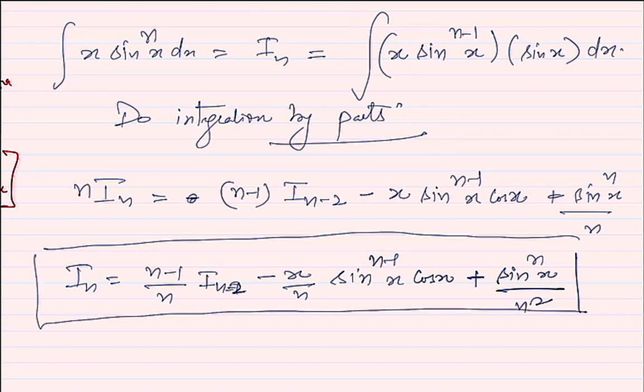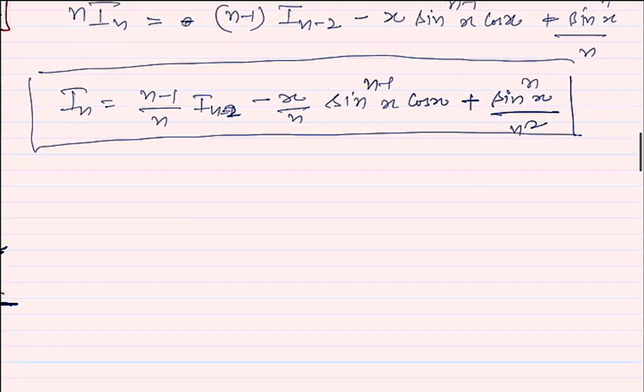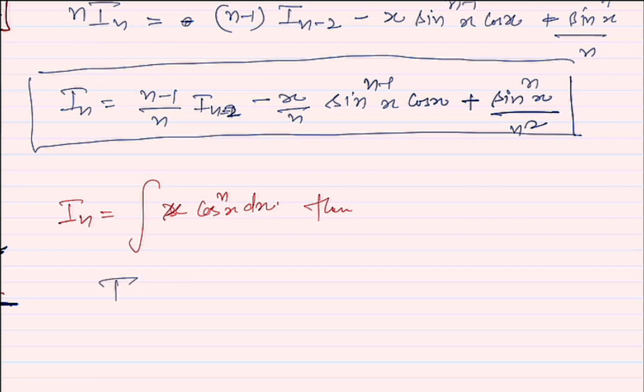So this is the formula for integral of x sin nx, and no doubt if you have integral of x cos nx dx, then you have the reduction formula as in is equal to n minus 1 upon n in minus 2.